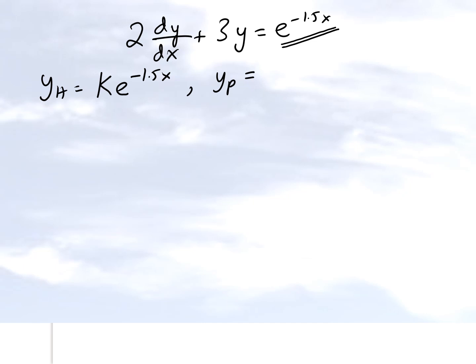Since the form of all the possible derivatives of e to the power ax, for example, is e to the power ax itself, the only term which we need to then consider is the term which is in the forcing function, which is e to the power minus 1.5x, so far as the form is concerned.